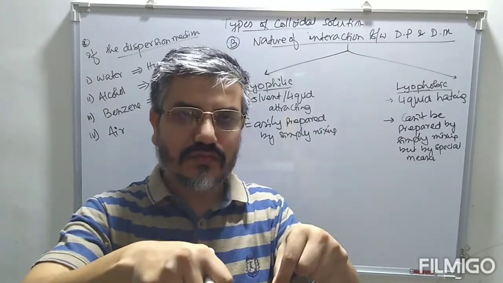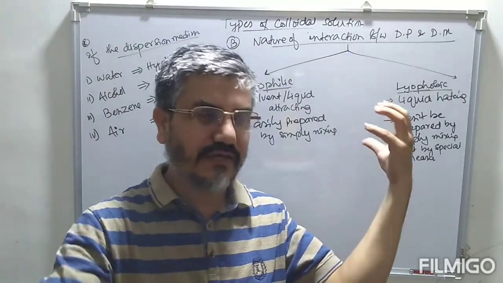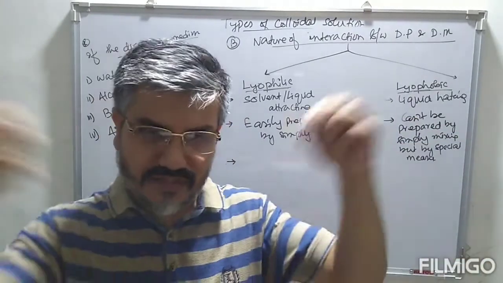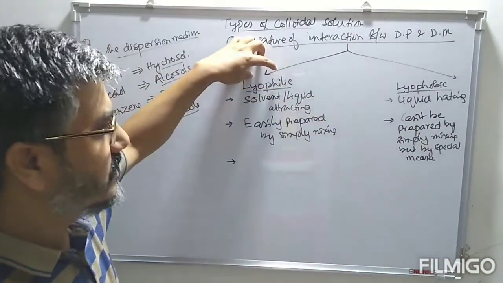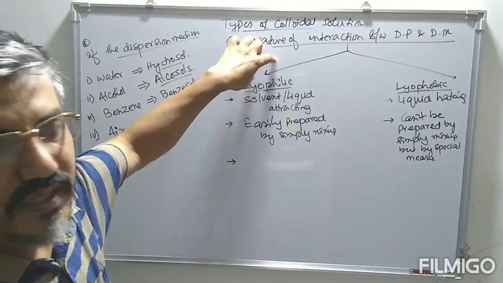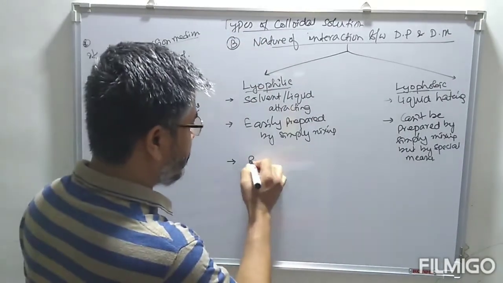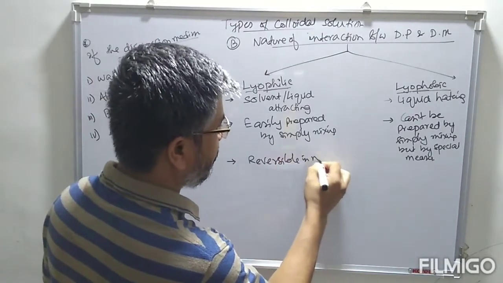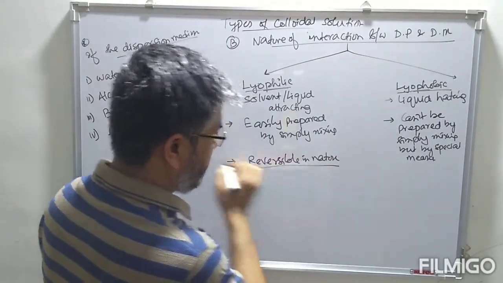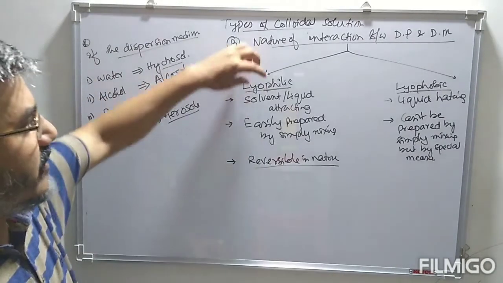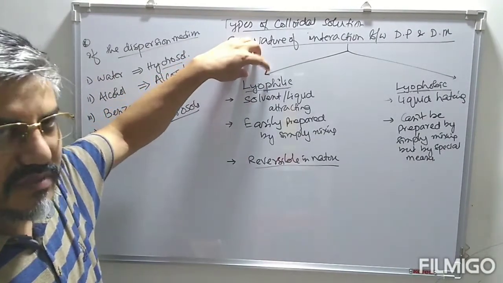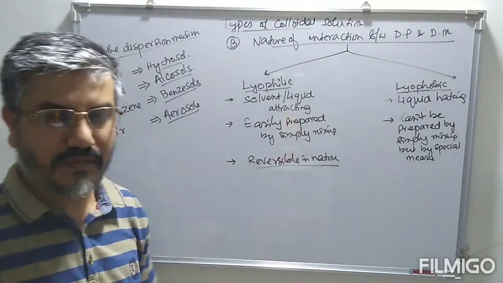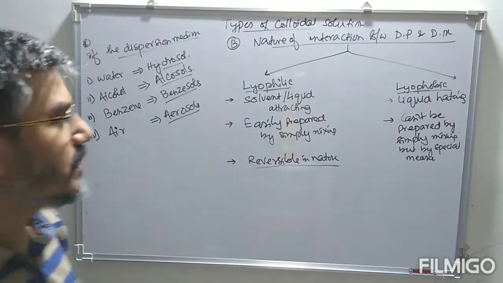You mix the two, we get a lyophilic solution. You separate the two, after separation again mix the two, then you can get this lyophilic sol again. So we say this is reversible in nature. That means lyophilic sols can be easily prepared by mixing the two. We can also separate, and after separation, we can again combine the two to give the lyophilic sol.